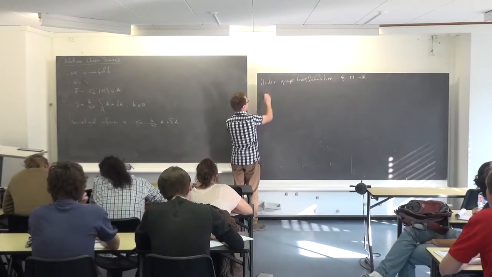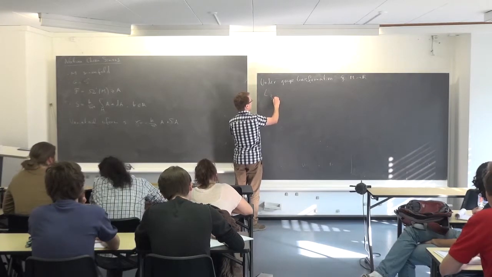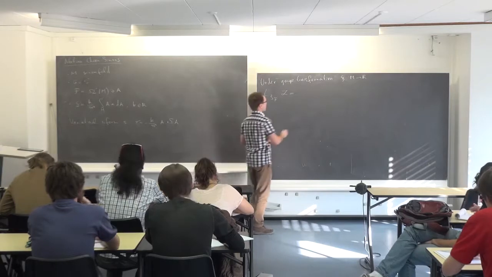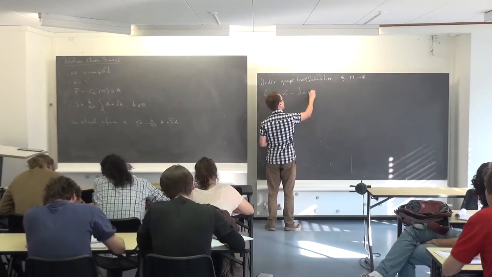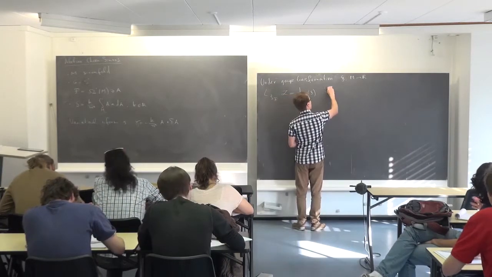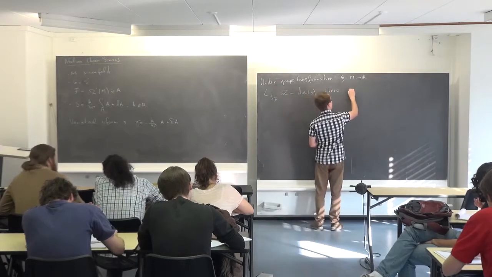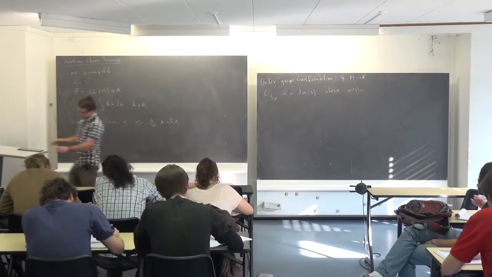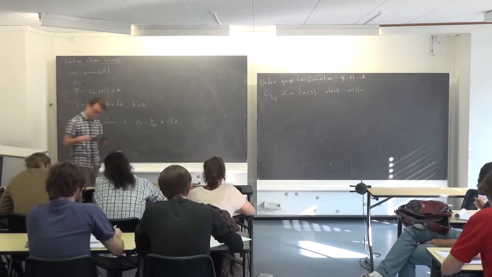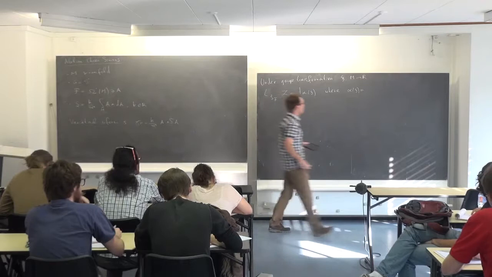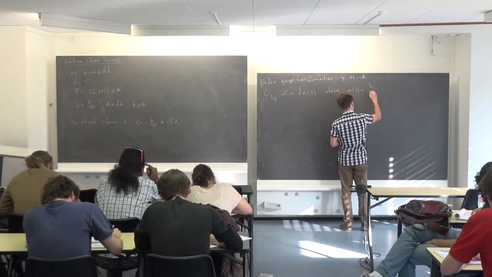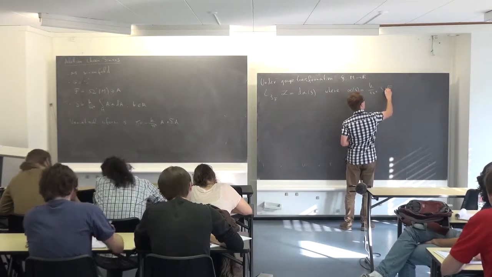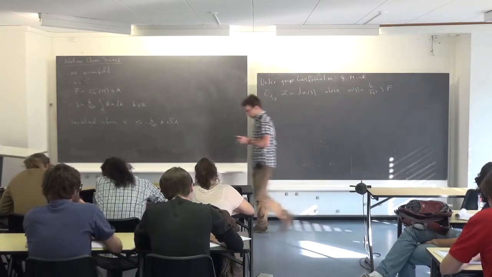So under a gauge transformation, the Lagrangian density changes by some exact form. And the expression for this exact form was k over 4 pi squared psi times F, where F is the curvature.